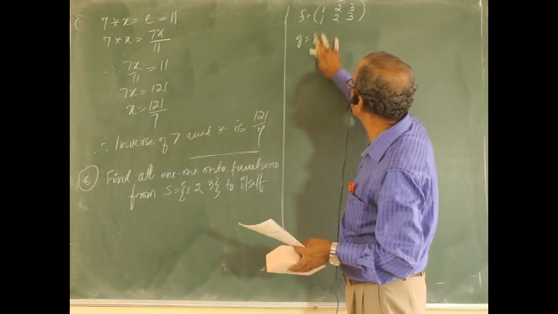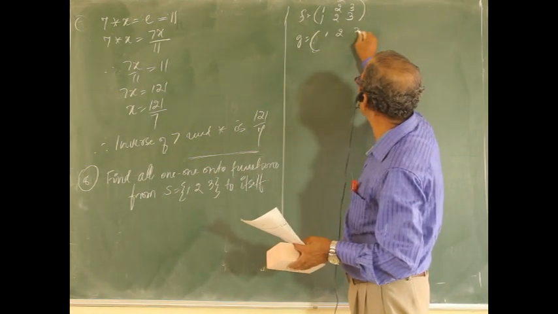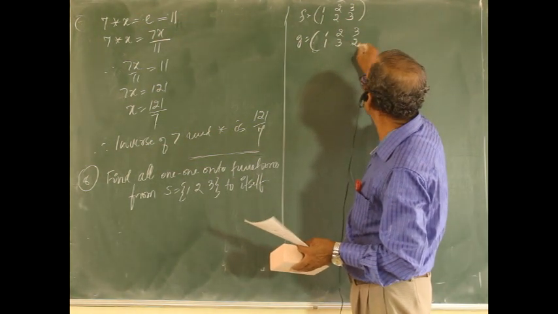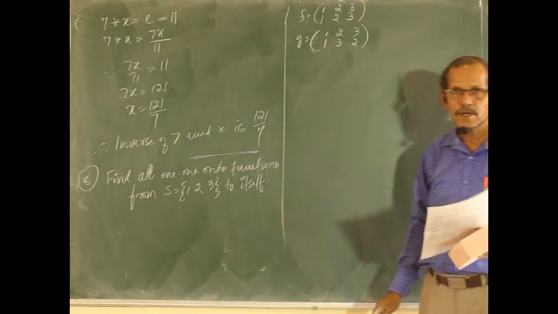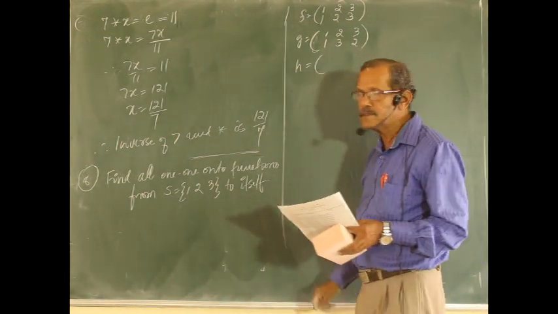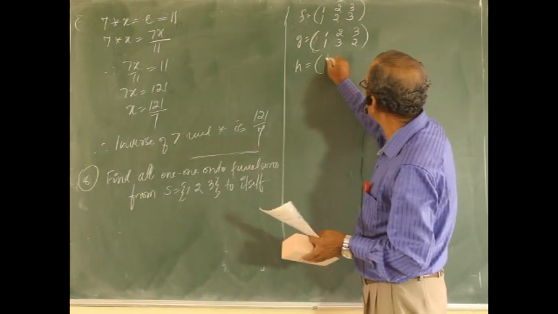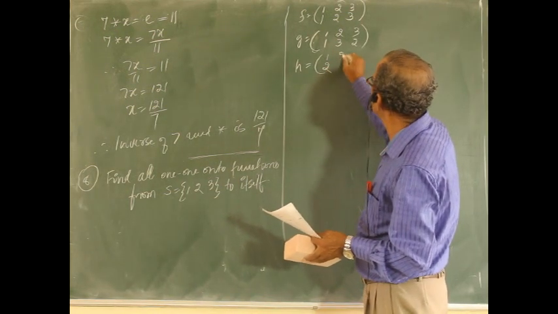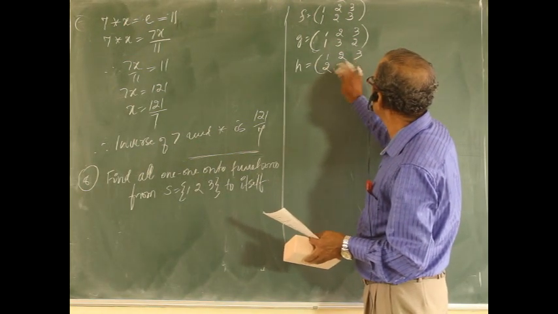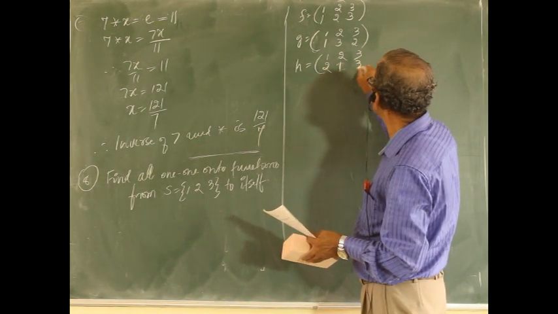Another one you can imagine. 1, 2, 3. 1 is 1. This one is interchanged. One more we get, a one-one onto function. h equal to 1, 2, 2 to 2, 2 to 1, 3.